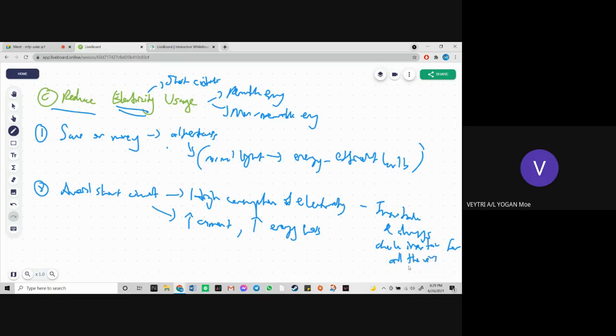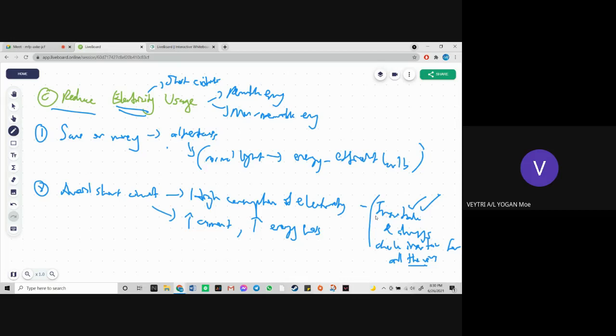Okay, so in order to avoid short circuit, you can actually insulate and check the insulator for all of the wires used. You guys can do research on this, just a small research, in order to add a more detailed explanation on how insulating actually would avoid short circuit. Make it a more detailed and beautiful view of it.